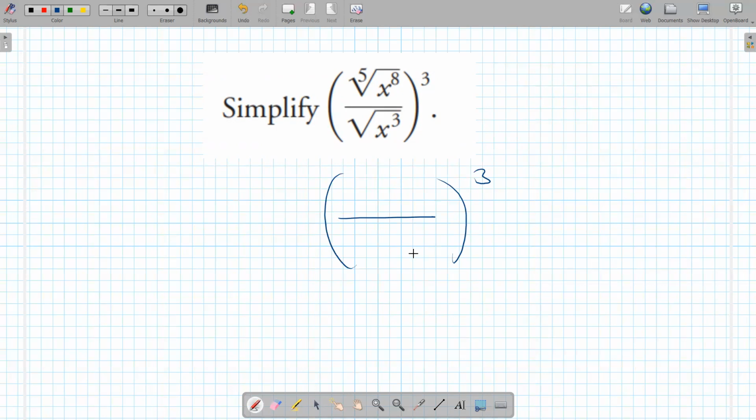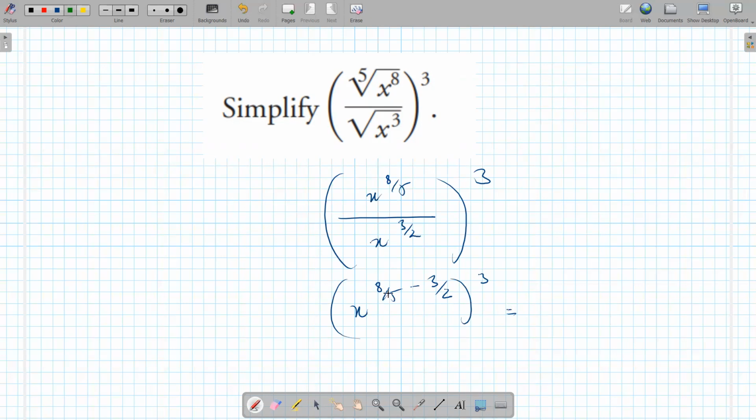So we have the 5th root of x power 8. If I want to rewrite that in exponential form, what do I get? X to the power of 8 over 5, right, and x to the power of 3 over 2. Now, do we add them or subtract them? Subtract. What's the common denominator between 5 and 2? 10.